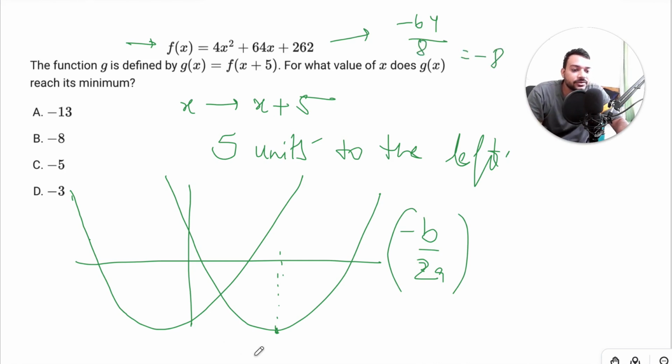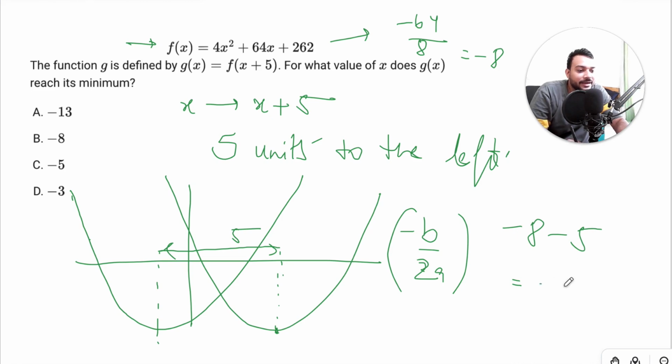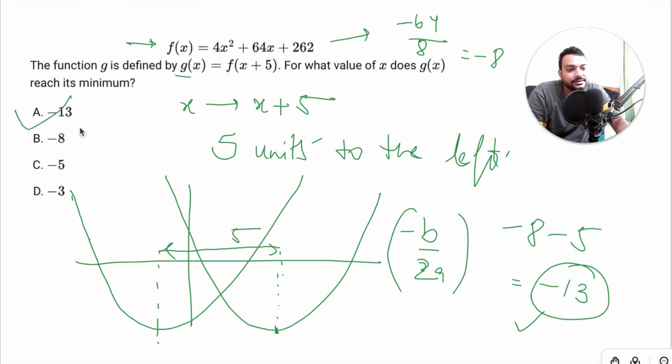And then it is shifted 5 units to the left, so 5 more subtracted, negative 8 minus 5, which is minus 13. The vertex now exists here for the transformed function, which is g(x). So option A is correct. Okay. Also, I can make a video on transformation of functions. You can check it out in the quick math playlist.